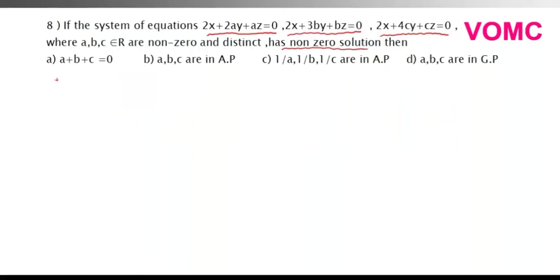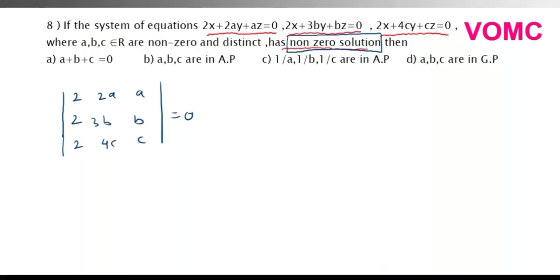Now come to this question. Find det of A: the determinant with rows 2, 2a, a; 2, 3b, b; 2, 4c, c is equal to 0, because in the question it is very clearly given that this system of equations has non-zero solutions. So we can consider that it contains infinitely many solutions, right?